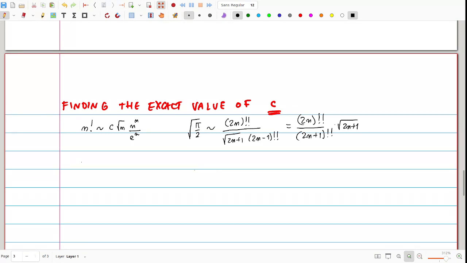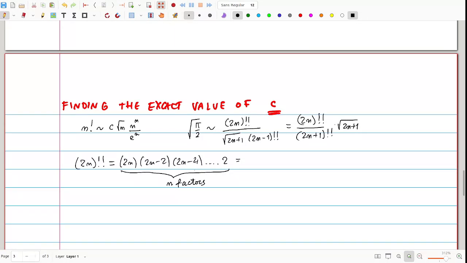So just notice that 2n semifactorial, what is this? This is 2n times 2n minus 2 times 2n minus 4 up to 2. If you collect the 2's, here you have n factors.